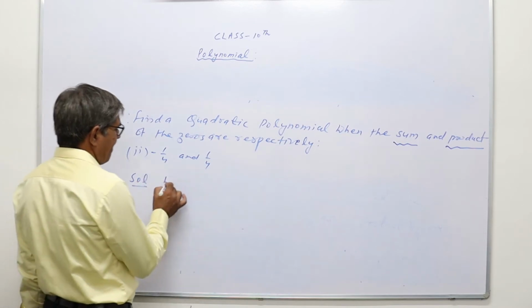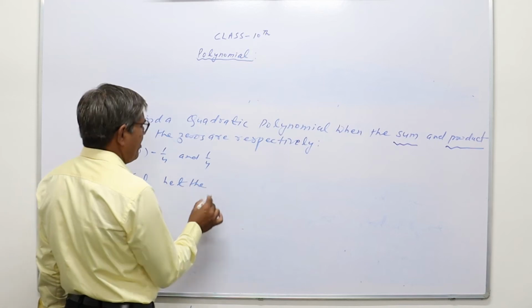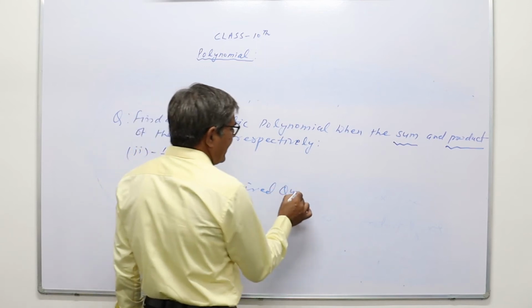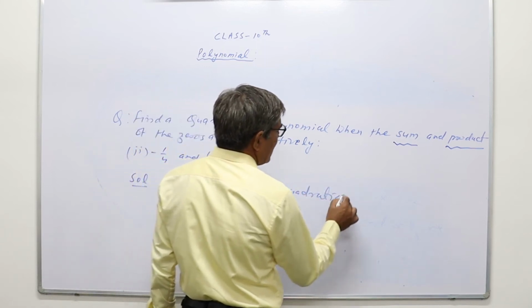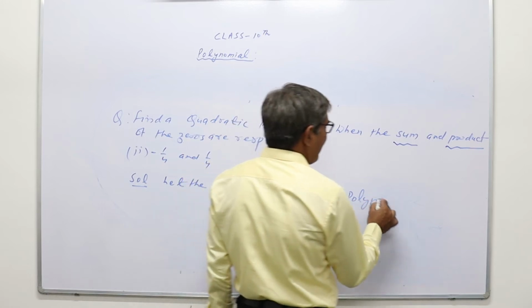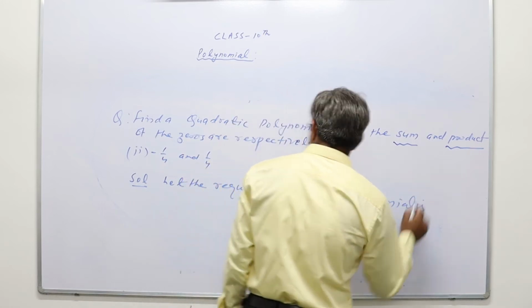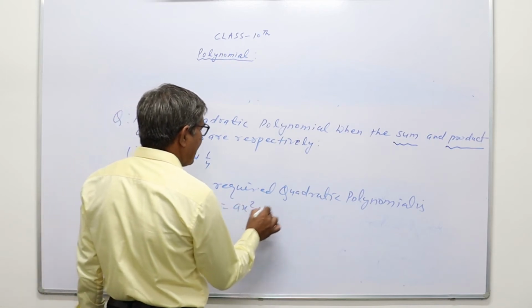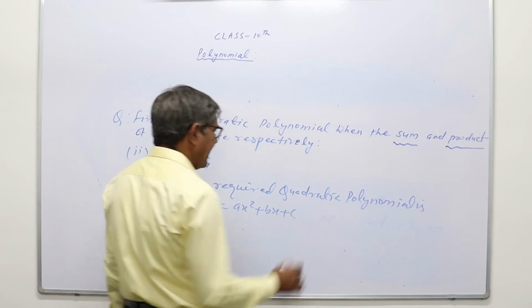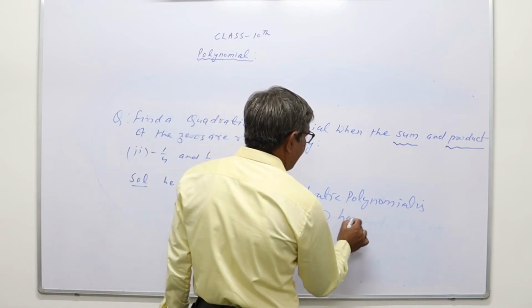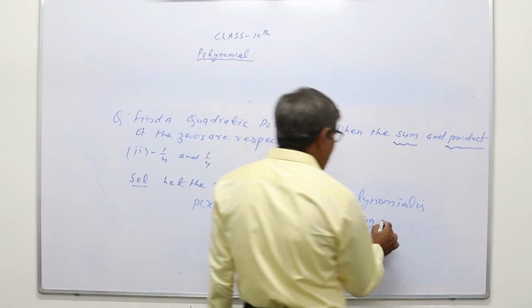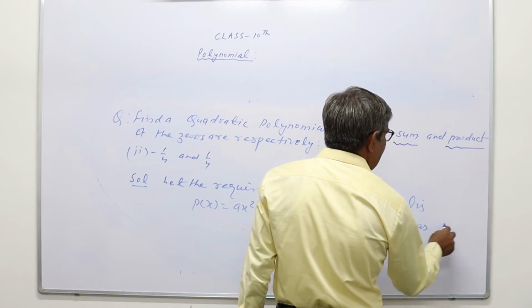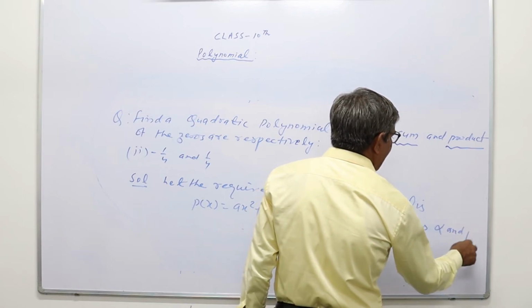Let the required quadratic polynomial be p of x equal to ax square plus bx plus c, having zeros alpha and beta.